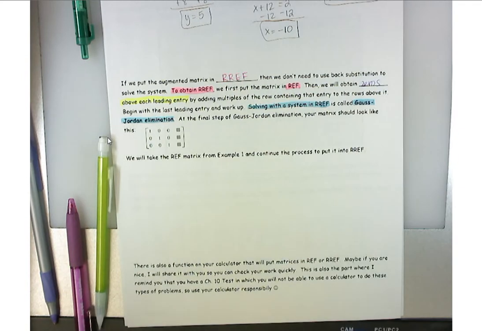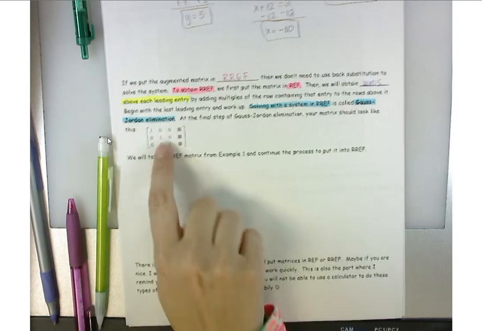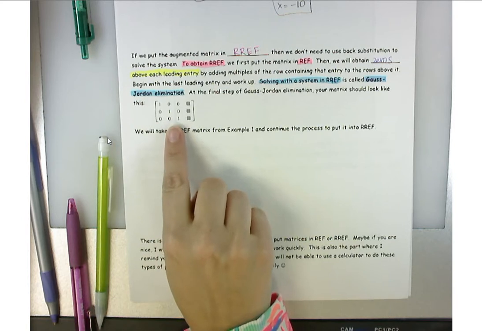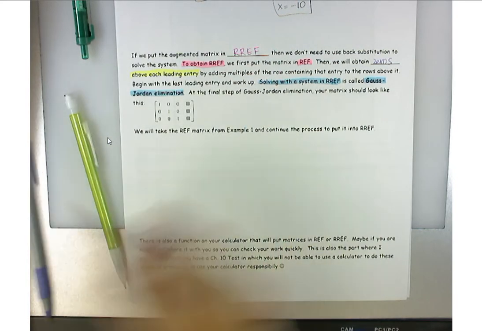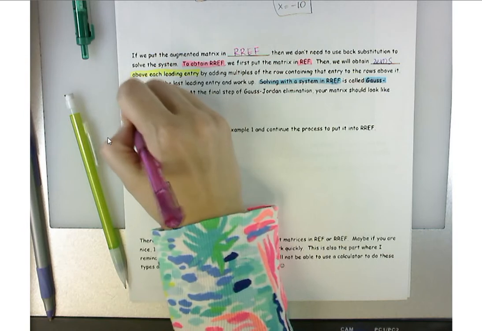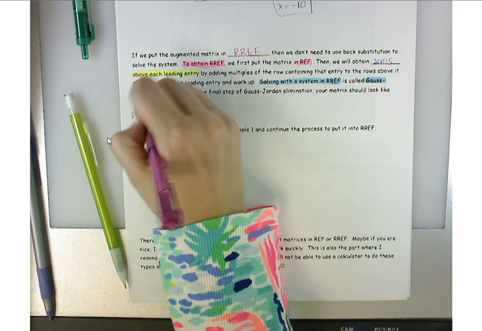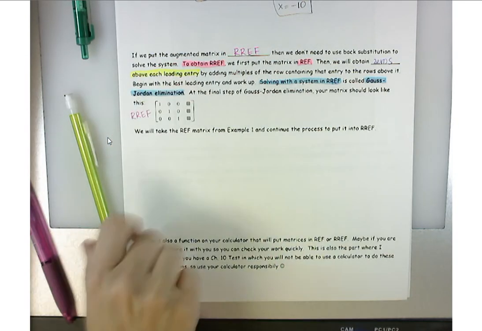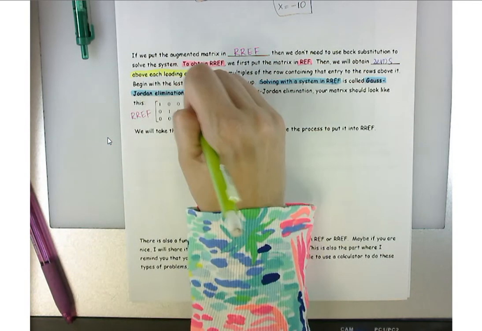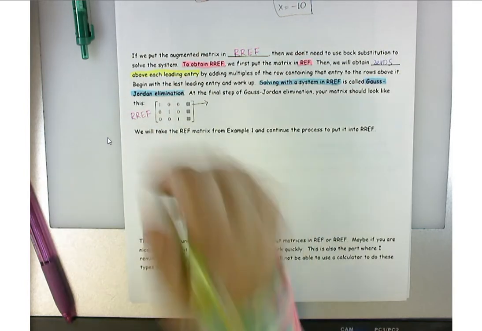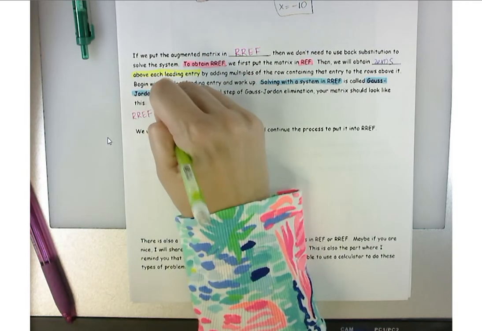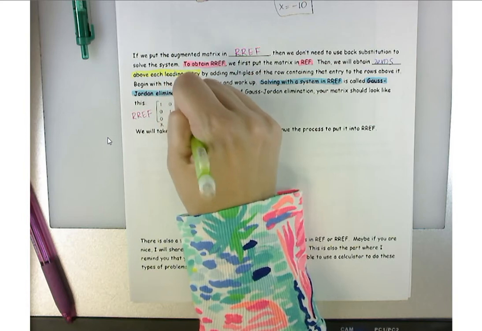At the final step, your matrix should look like this. This is in reduced row echelon form. Let's look at what equations this would produce. In the first equation, see how you only have a 1 for the x and no other variables?